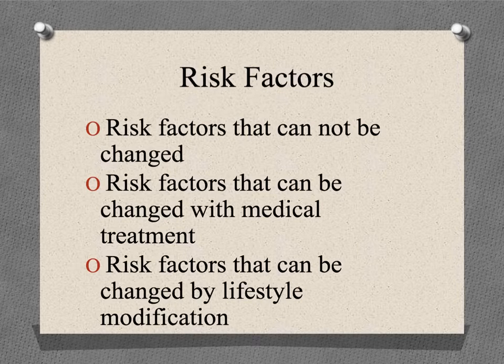Going back to those non-modifiable risk factors, there are some things that we know put a patient more at risk for stroke, not necessarily cultural, but ethnicity. It seems that African American men and women have more strokes than Caucasians. American Indian and Alaskan Native groups have the highest prevalence of stroke, which is interesting.